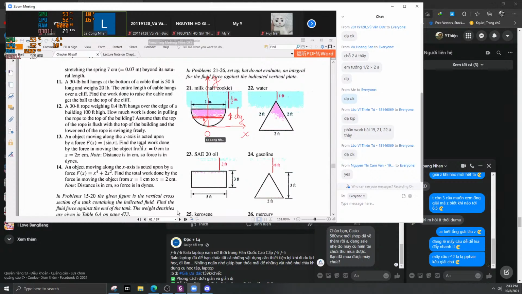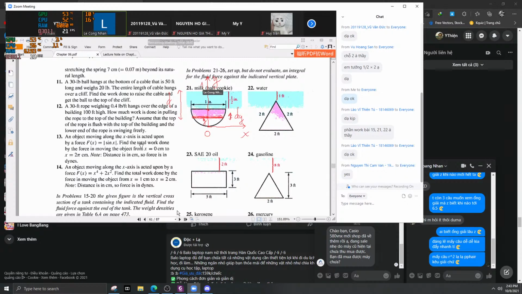I need to find the fluid force acting on this part. The fluid force equals the depth, that is the distance from the surface of the fluid to this part, so that is d. Because the diameter is 1 inch, the radius is 1/2 inch, but this plate is submerged at a depth of 1/2 inch, and therefore this value is 1.